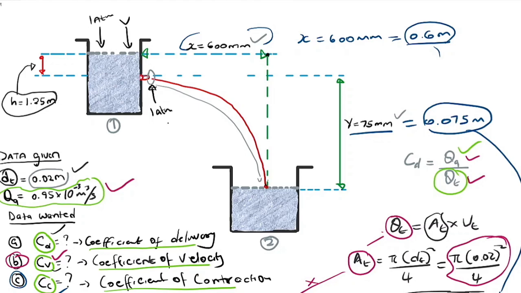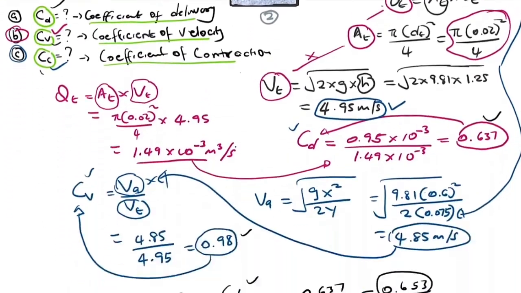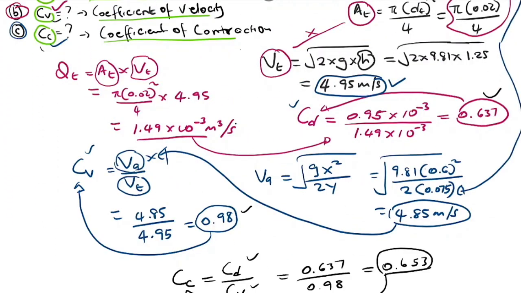Then here the velocity is 0. Here, the velocity immediately after the nozzle is not 0. This pressure of 1 atm makes it simple to find the theoretical velocity.